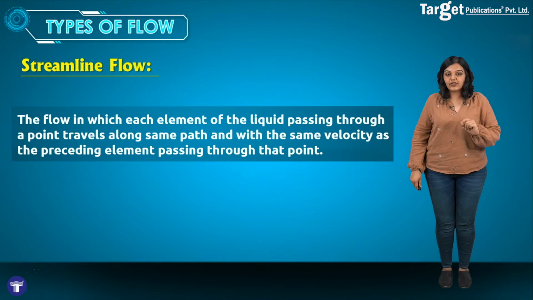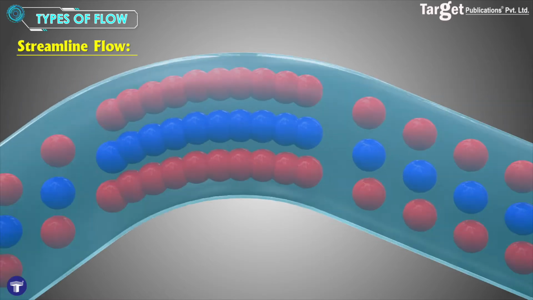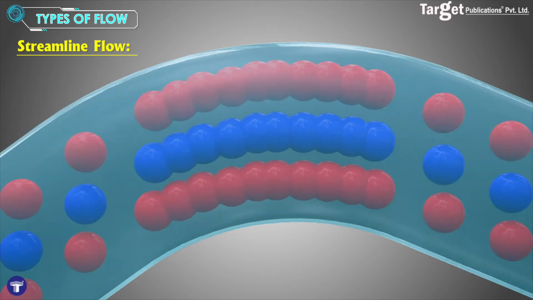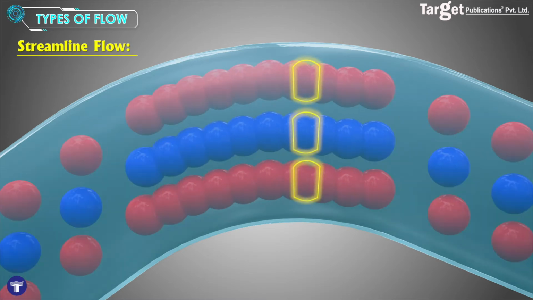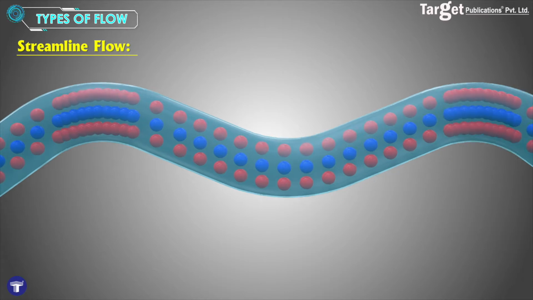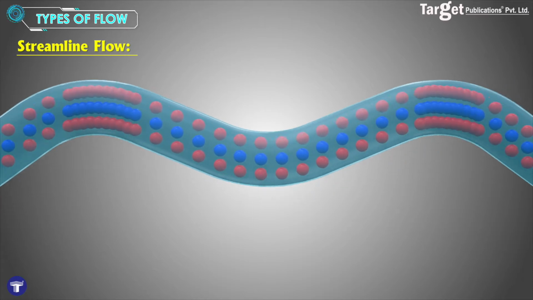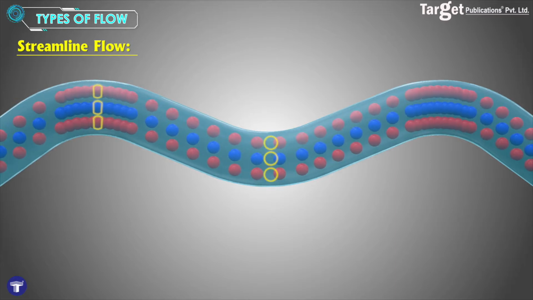Let's take a look at what this means. If we observe the flow of the liquid at a particular point, we'll see that every particle in the streamline flow passes through this particular point with the same velocity. This doesn't mean that every particle has the same velocity. In fact, after passing through the point, the velocity of the particle may change.